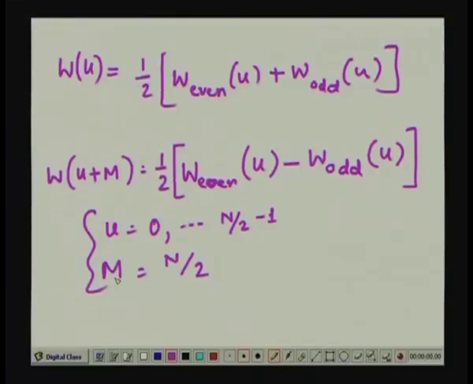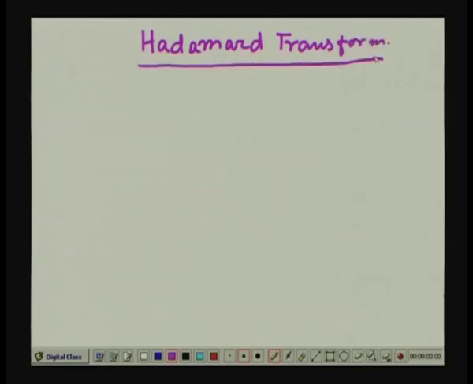So, after discussing the Walsh transformation, let us go to the next transformation, which is called the Hadamard transform. In case of Hadamard transform, first let us consider the case in one dimension.